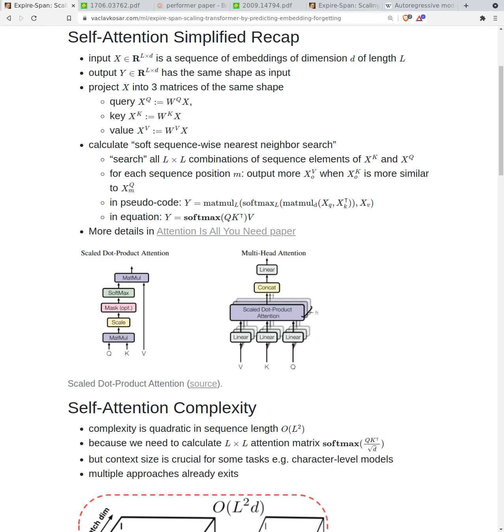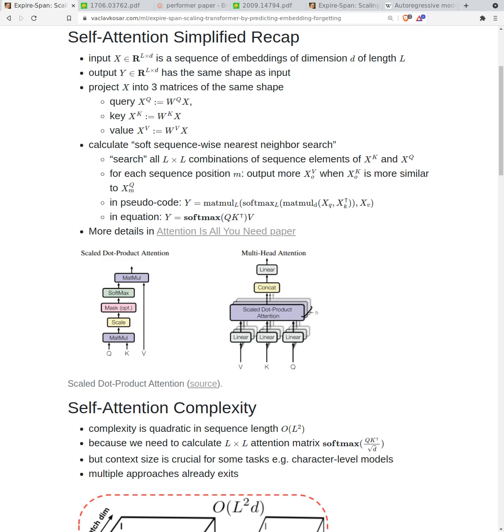What we do with them is a sort of soft sequence-wise nearest neighbor search. We effectively search the queries as a sequence of embeddings in the keys, and where we find a match, we output more of the corresponding value in that position of the sequence.